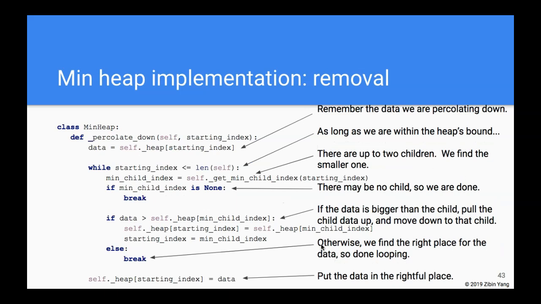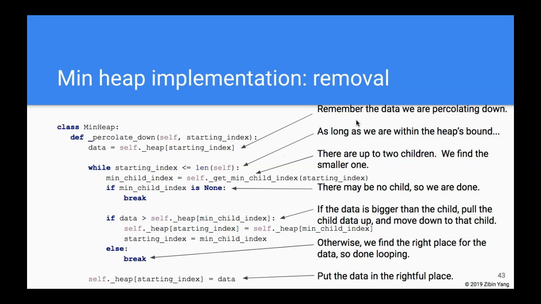So next we'll talk about how to do the percolating down. Now, one thing to know is percolating down actually takes a starting index that tells us where to start the percolating process. This is not necessary for removal because we always start at the root, but in another method that we'll talk about later, we need that, and that's what the starting index is for.